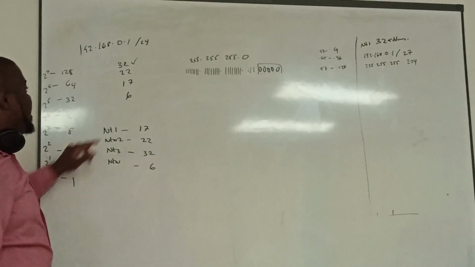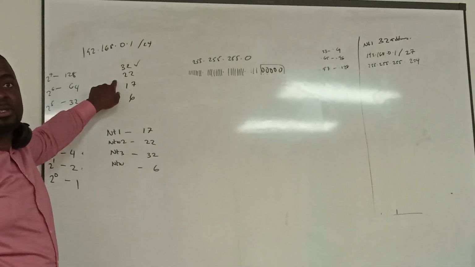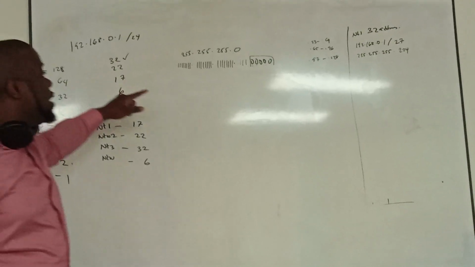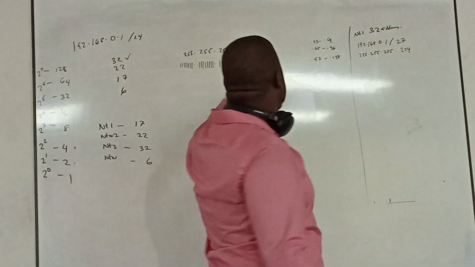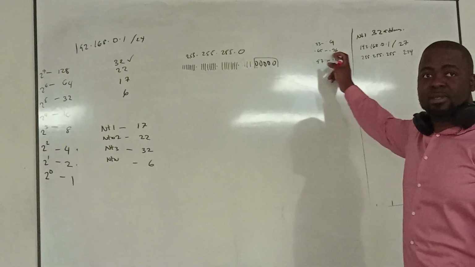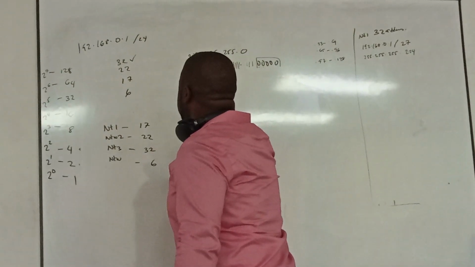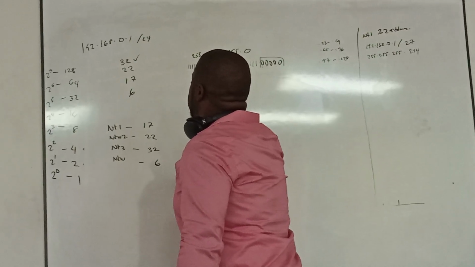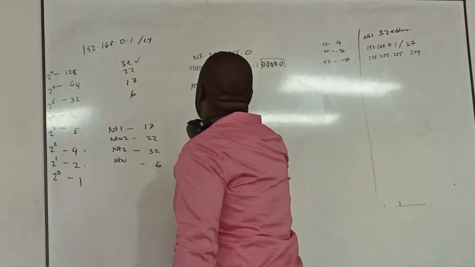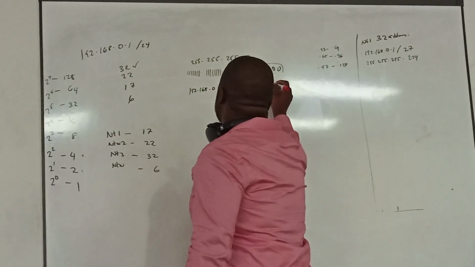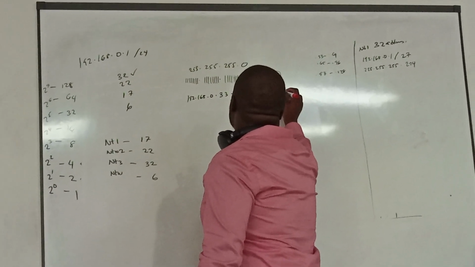Alright, let's calculate for the second network, the one that needs 22 addresses. So what do we do in this case? Let's take the next subnet. The next subnet is what? 192.168.0.33 to 192.168.0.64.